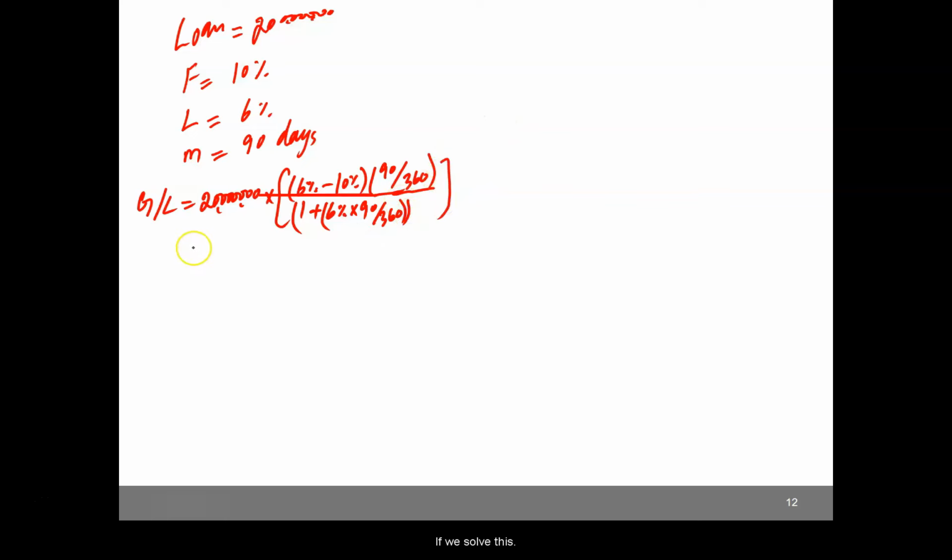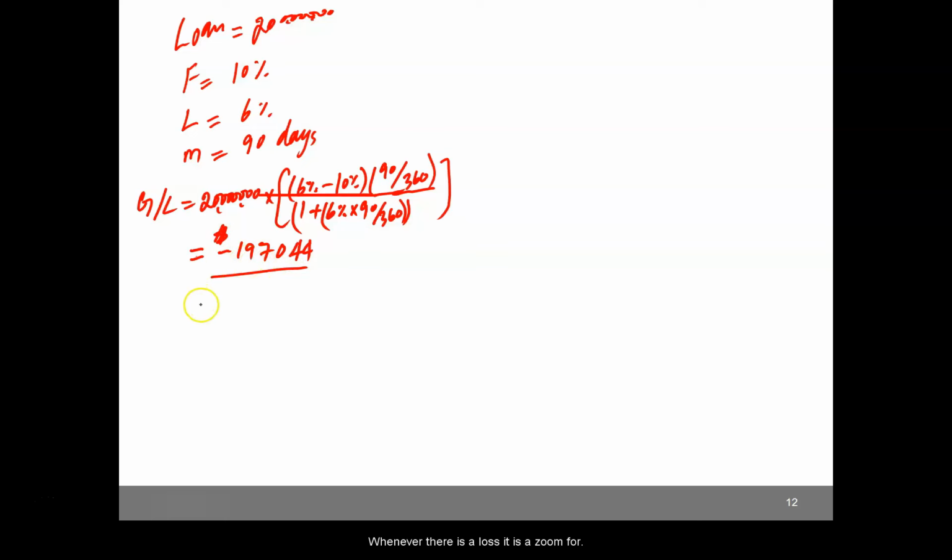If we solve this, the overall loss from the FRA, because the interest rates have gone down, is 197,044. So this is the loss from the FRA.